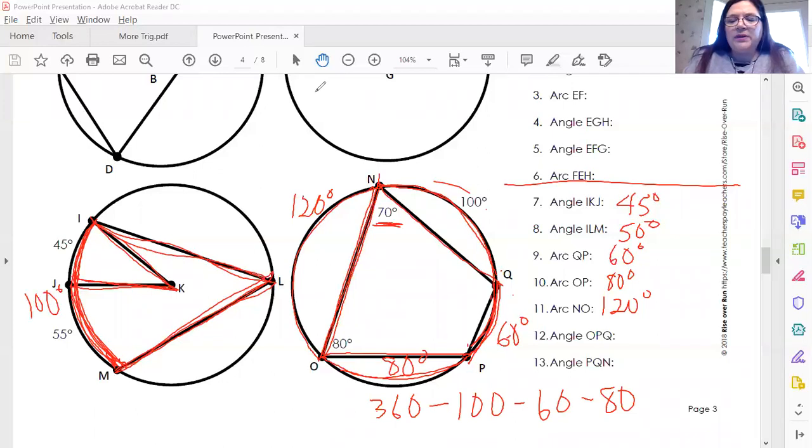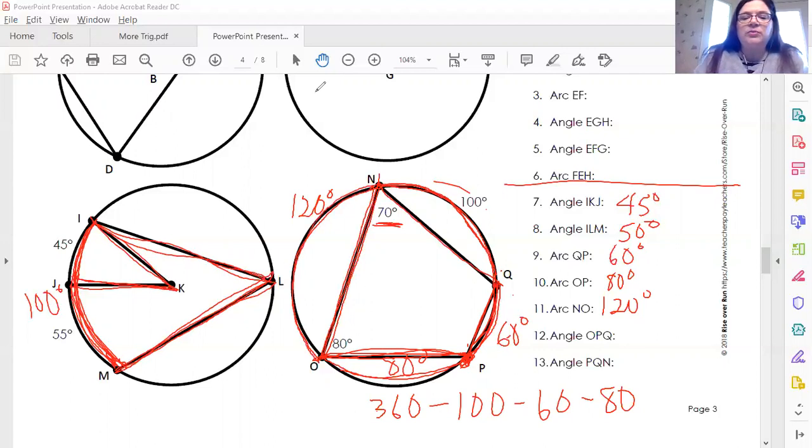Now angle OPQ, what kind of angle is that? P is its vertex, and it's on the circle, so that's an inscribed angle. That's going to be 1/2 of this major arc here that goes all the way back around.